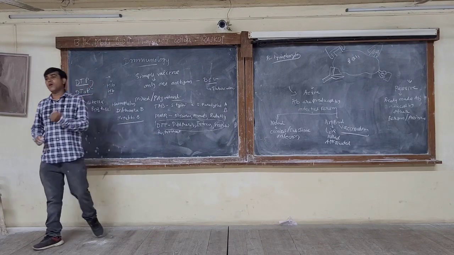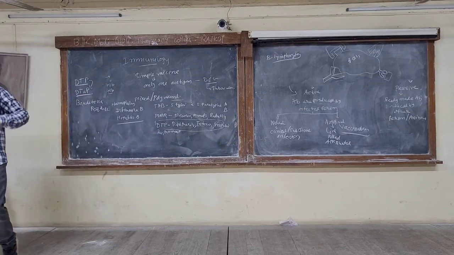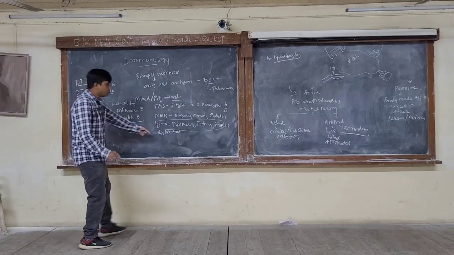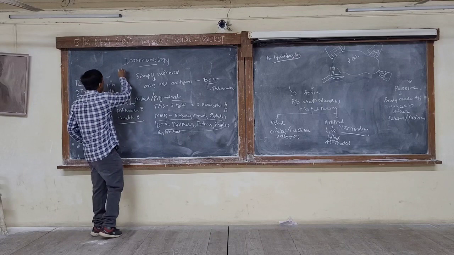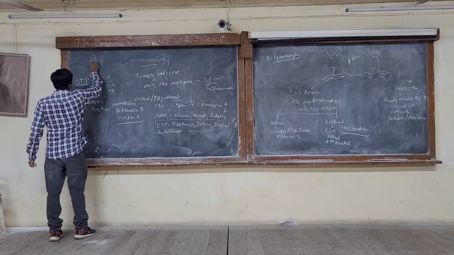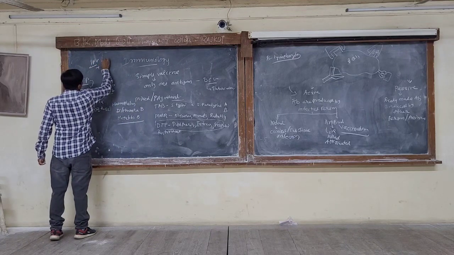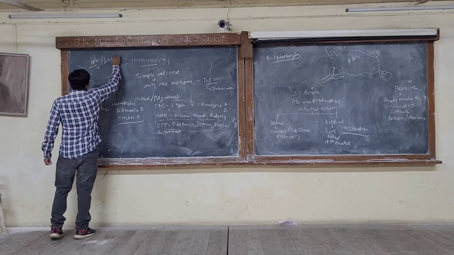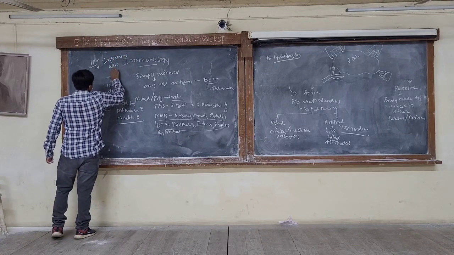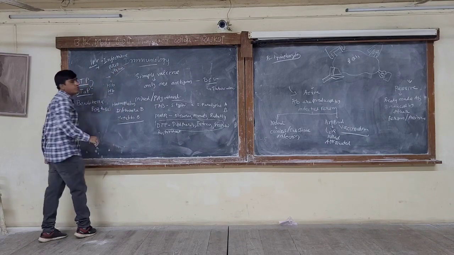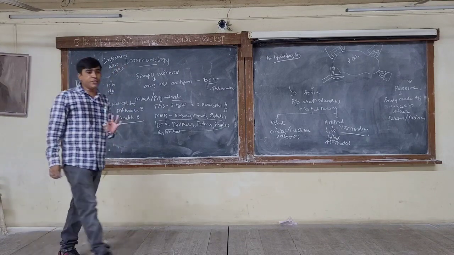Recently, hexavalent vaccine is also included in the market. Hexa contains all these 5 components plus injectable polio, IPV, or injectable polio virus. So it contains 6 different antigens.